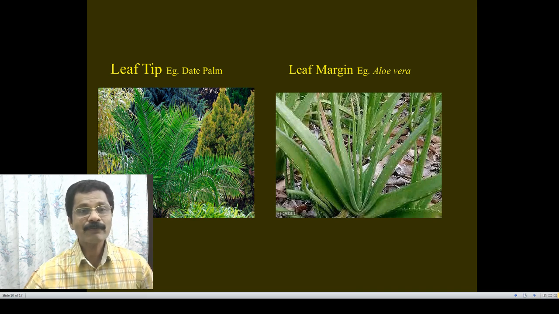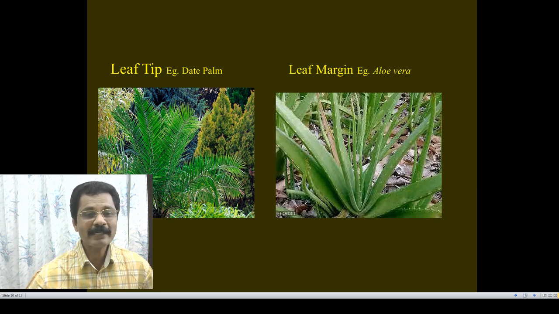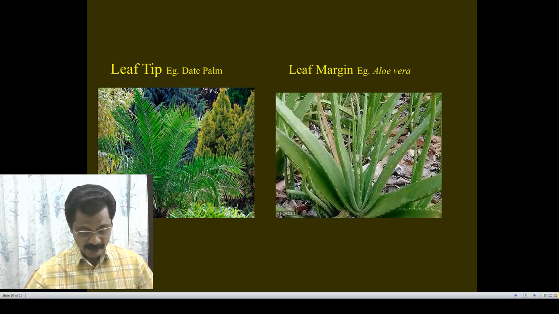In the case of date palm, the leaf tip is modified into spines, again protection from the browsing animals. Then the leaf margin is modified into spines, as in the case of aloe vera. There also the protection.